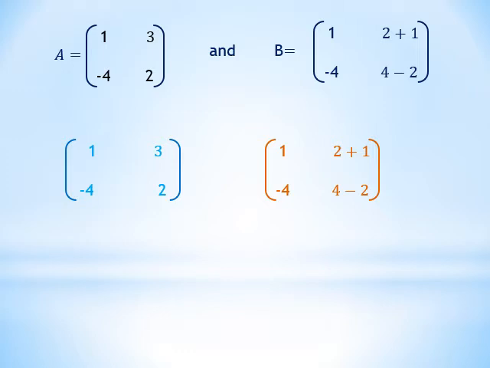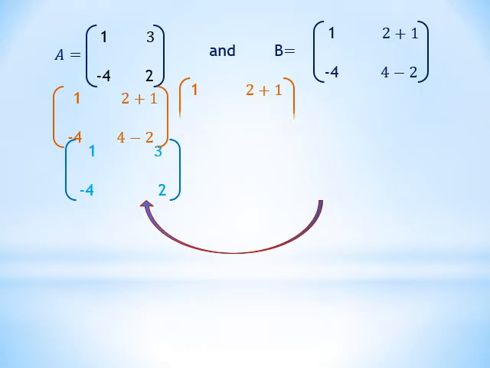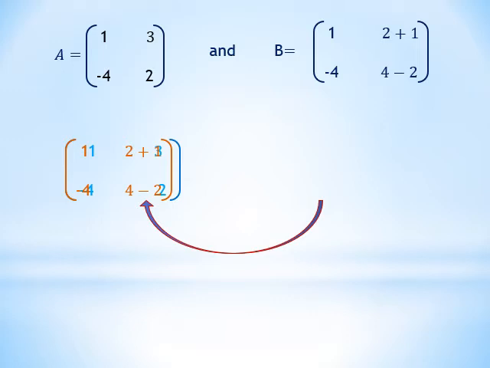Just assume if I pick this matrix A and place it on matrix B, then each entry corresponds to each other, as this brown one corresponds to this blue one.